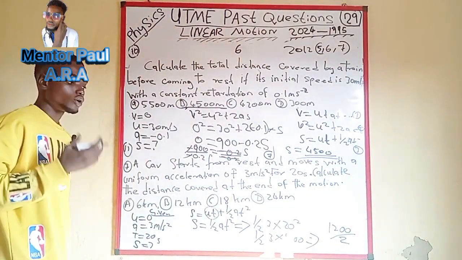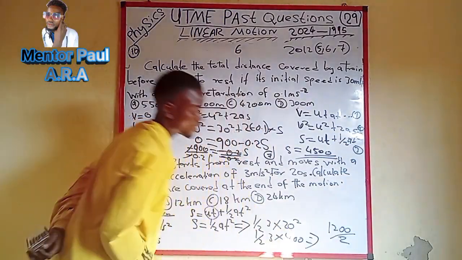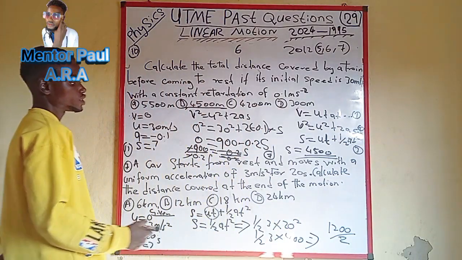I'm telling you how you can do it in your head without a calculator. 1200 divided by 2 gives us the value.